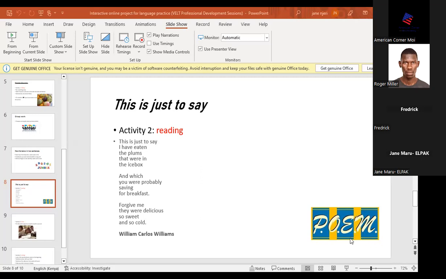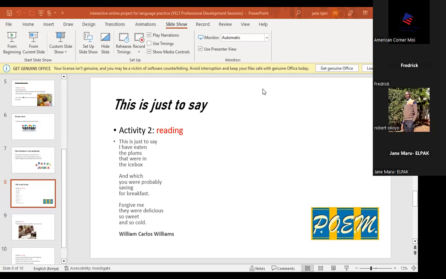So can I have someone reading for us what the poem is about, or how the poem has been written, kindly. Someone says this is a nosy neighbor.